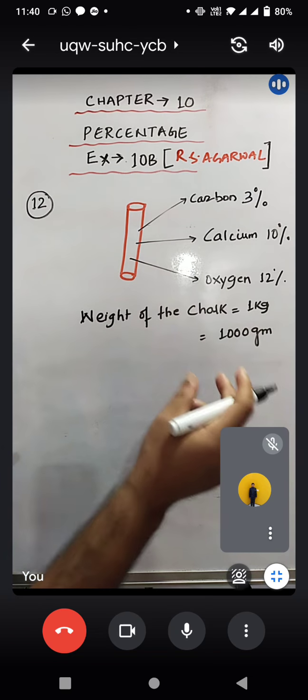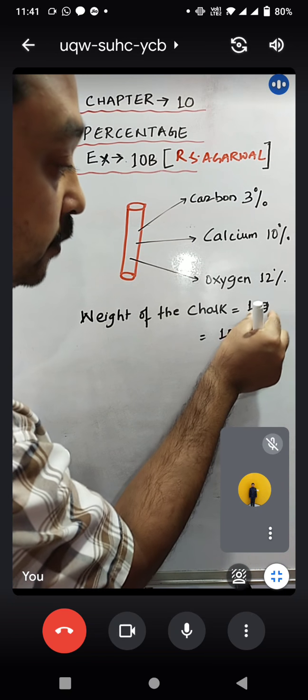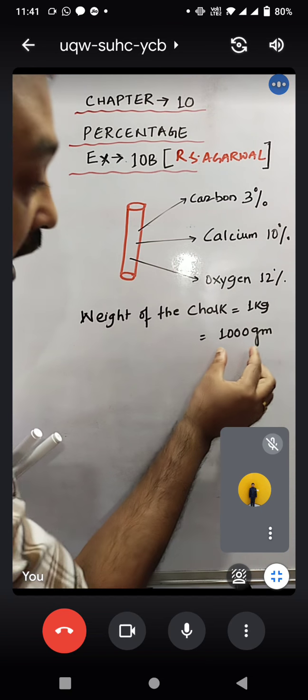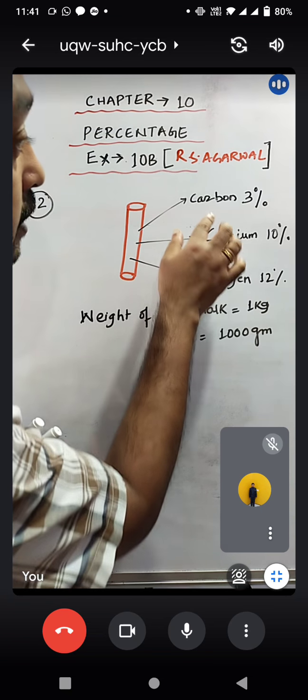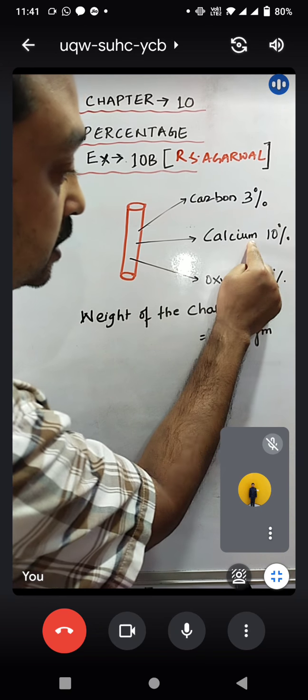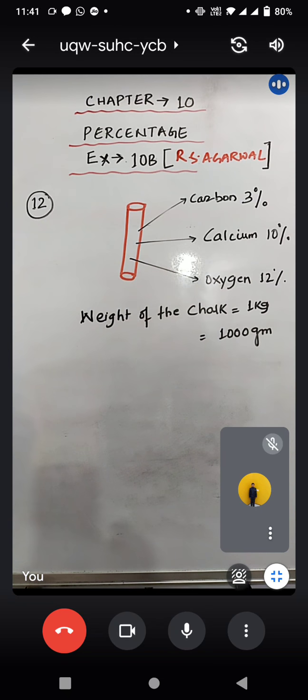As you have to give your answer in grams, you have to convert 1 kg into grams. Now we have to see in 1000 gram, what is the weight of carbon, calcium and oxygen. Fine. So one by one we will find it out.